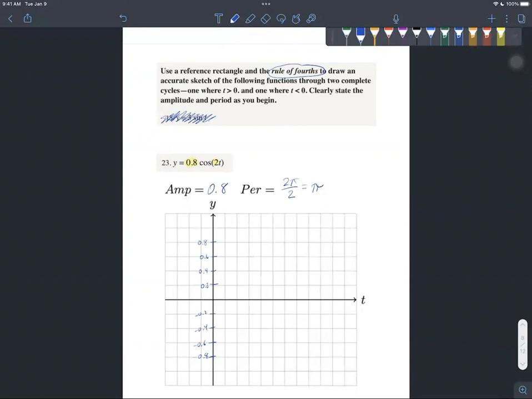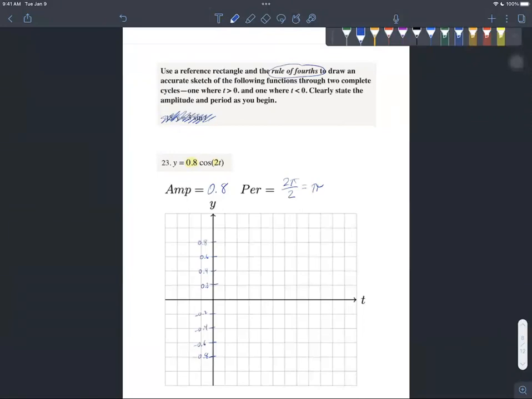Of course, this could also be vertically shifted. If we had like a -7, then this would shift the graph down 7 units and our graph would look a little different. But in this case, there's no vertical shift. So here we've set up the vertical axis for our amplitude.